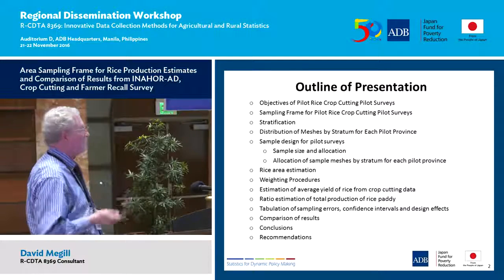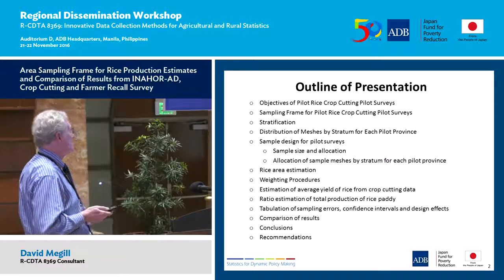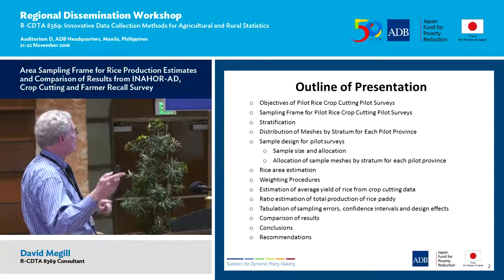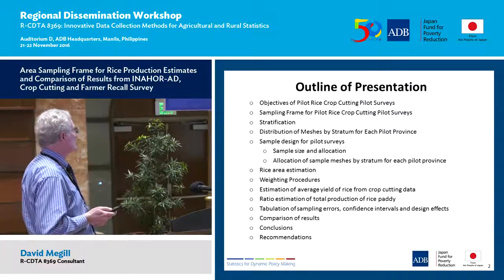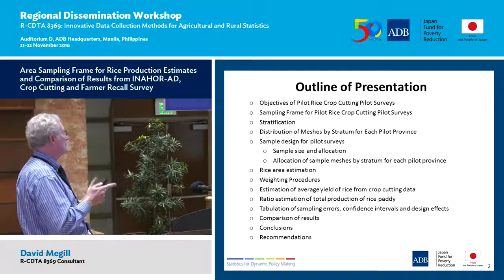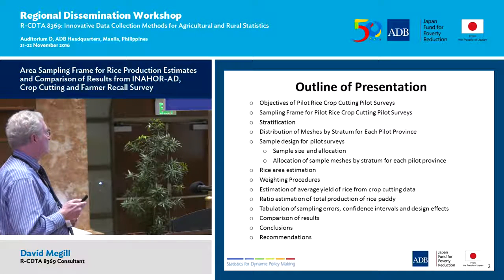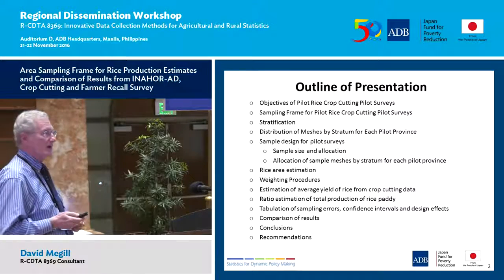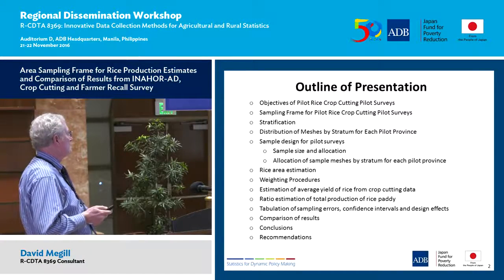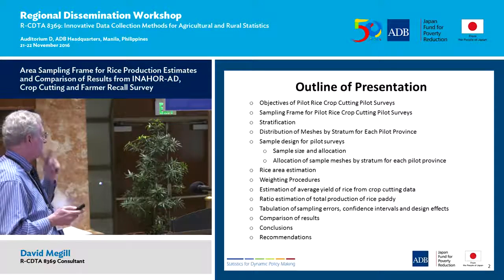A lot of that is related to what we heard this morning about the INAHOR and the application from RESTEC. And we're going to take a look at the distribution of the meshes by stratum for each pilot province, and talk about the sample design for the pilot surveys. And we'll look at the sample size and allocation, and see how the meshes are distributed by stratum.